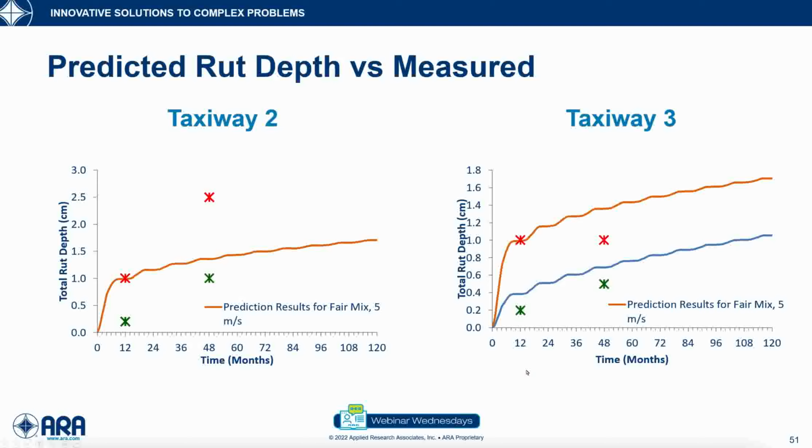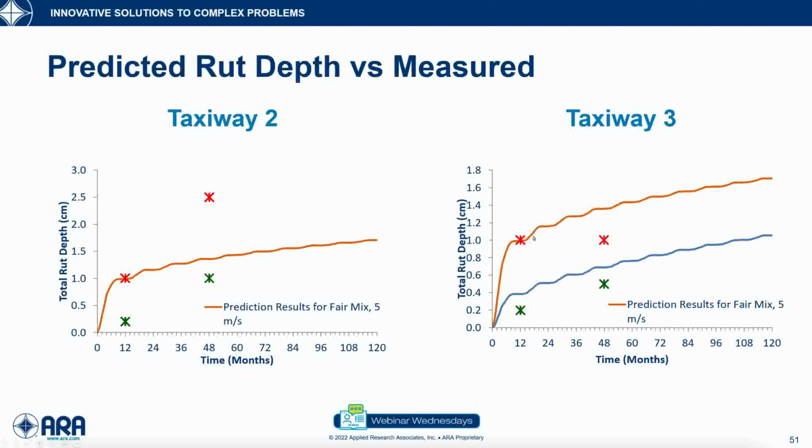Going to taxiway 3, again, what I do is I use a very good mix or a good mix, and its prediction is close to the small ruts that are measured. I use a fair mix.